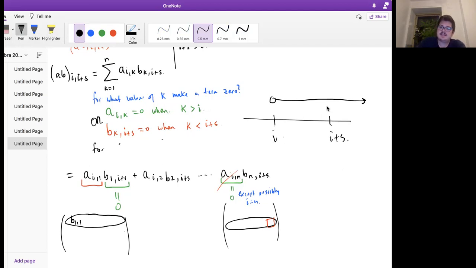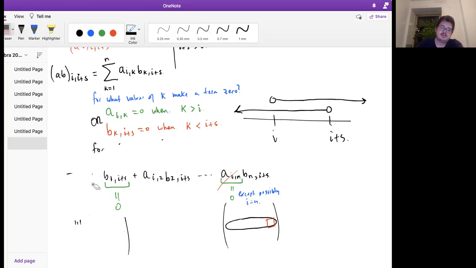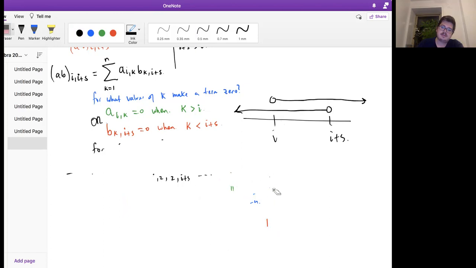When k is less than i plus s, this is 0. So either k greater than i makes this 0, or k less than i plus s makes this 0.